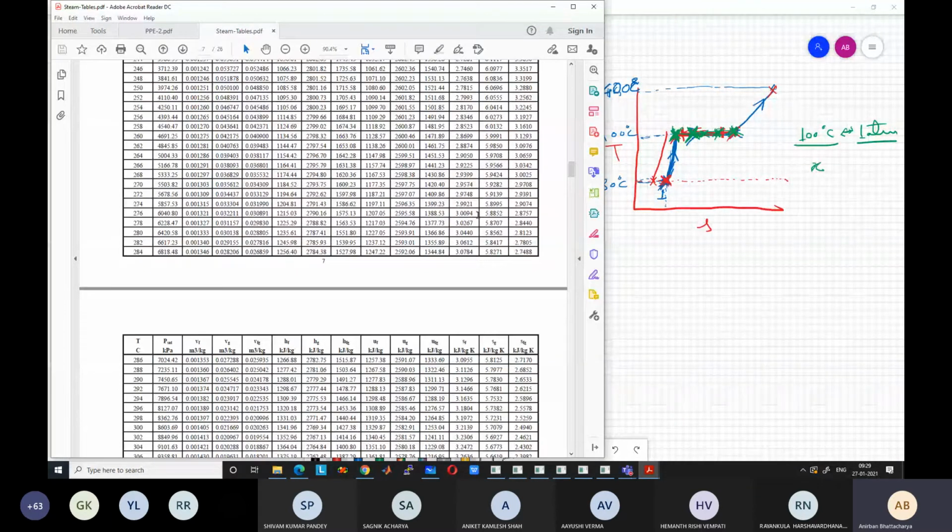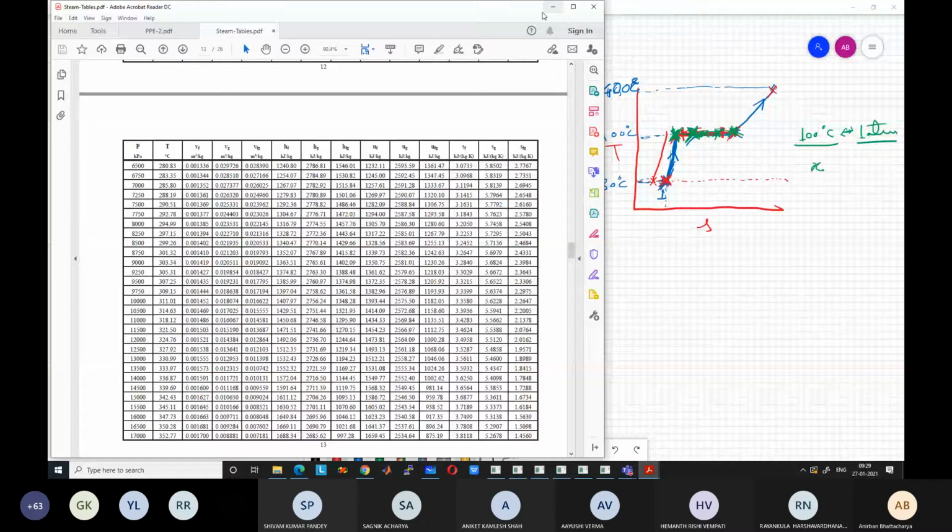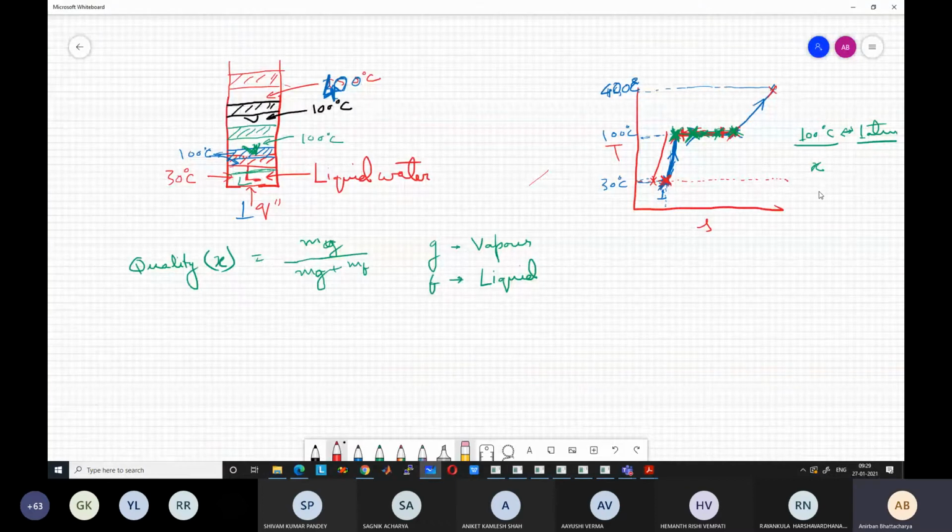At 100 atmospheric pressure, the boiling point is 311 degrees. So we reach 311 degrees centigrade. At this point, we have reached the boiling temperature. The diagram is again not very accurate. This point should be slightly on the right of this point.